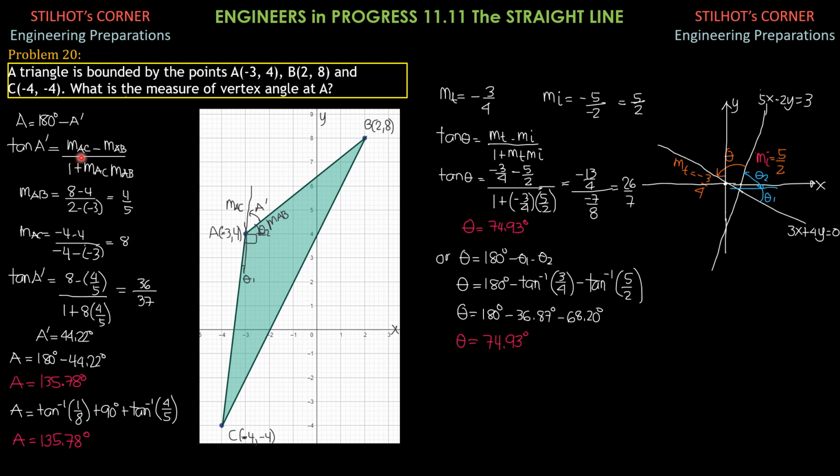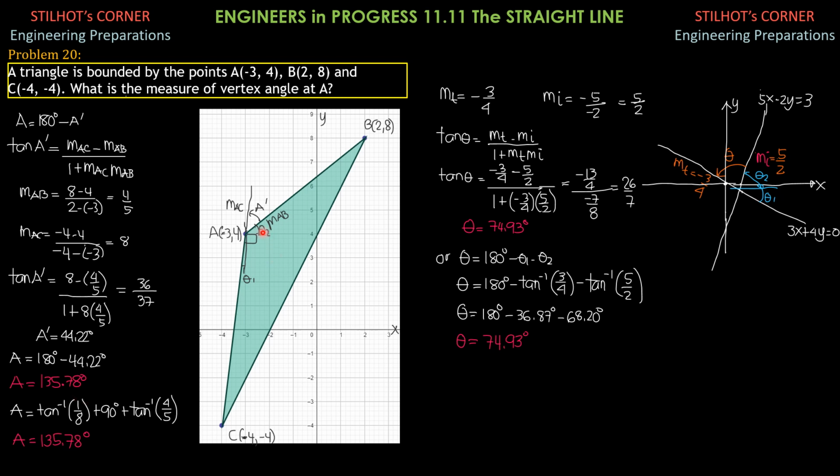Substitute into the formula, tangent A prime is (8 minus 4/5) all over (1 plus 8 times 4/5), that's 36 over 37 to be exact, and inverse tangent of 36 over 37 with your calculator, you will have 44.22 degrees. Therefore, the measure of angle A is 180 degrees minus 44.22 degrees, and that is 135.78 degrees.